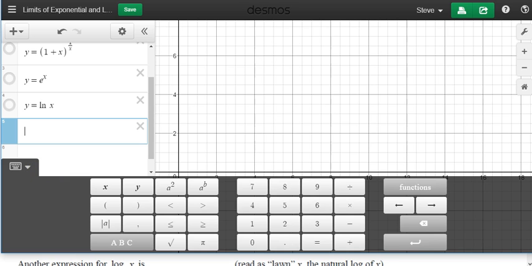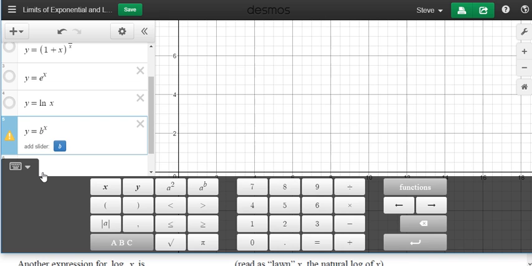All right, so we have, what's the equation? I'm going to go b to the x minus 1, I'm going to have to throw brackets around that.